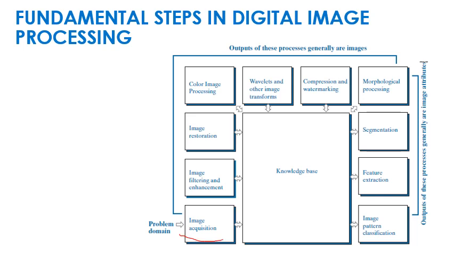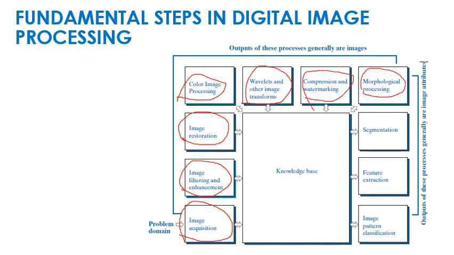Starting from below, what you can see here is the image acquisition, the image filtering and enhancement, image restoration, color image processing, wavelets and other image transforms, compression and watermarking, morphological processing, segmentation, feature extraction, and image pattern classification. So these are the various steps involved in digital image processing.